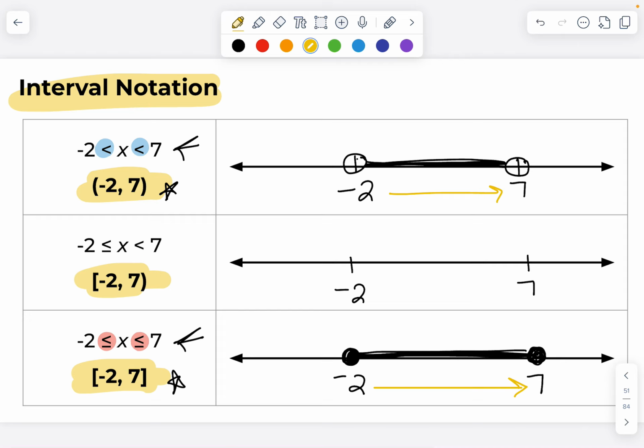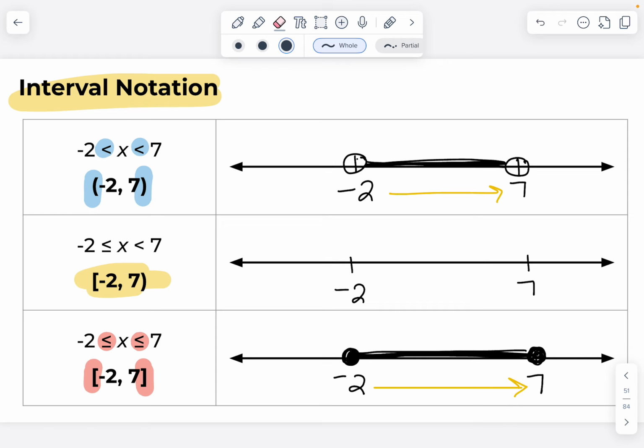That is the big difference between these two. The or equal to means I use the brackets in my interval notation, versus parentheses when I'm close but never going to be equal to 7. I'm just less than 7. This is my interval notation, and again, I go left to right to match the number line.